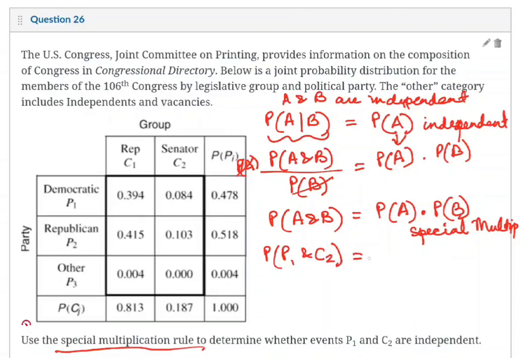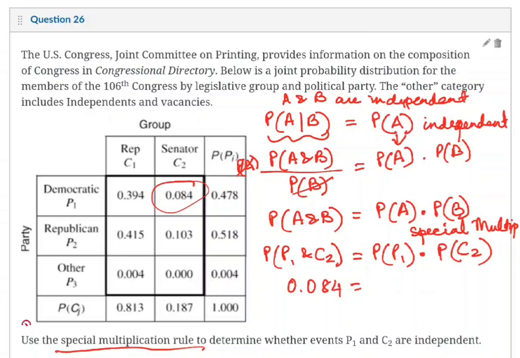Is it equal to the probability of P1 multiplied by the probability of C2? All right, so probability of P1 and C2, that's the joint. Again, the joint probabilities are inside this bold rectangular box. So P1 and C2 would be this one, right? So on this one side, we will have 0.084.